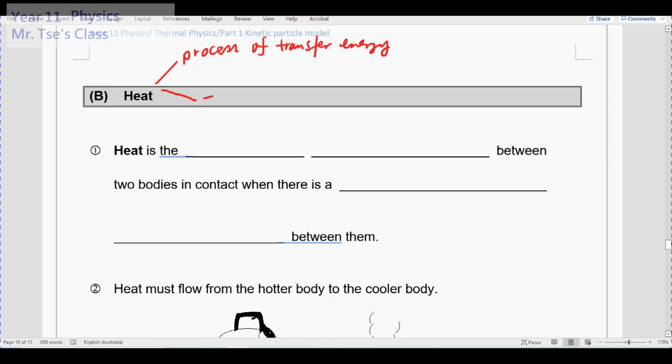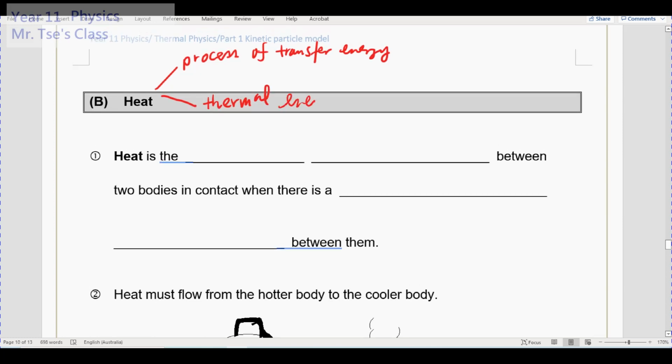Another one is just the notion of thermal energy. So both can be used. You can use heat as a process of transferring energy, or you can use the notion of just one type of energy called thermal energy.